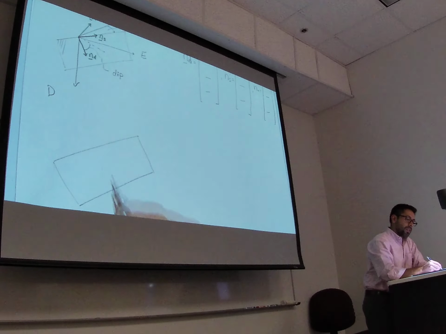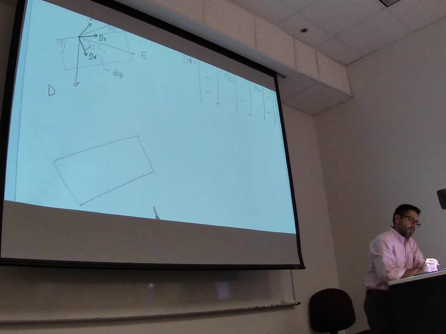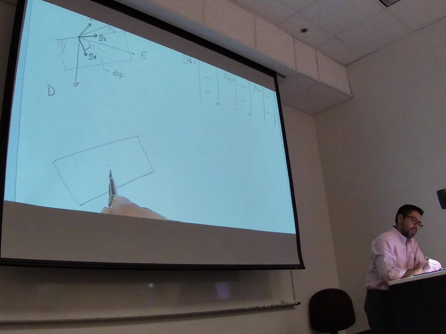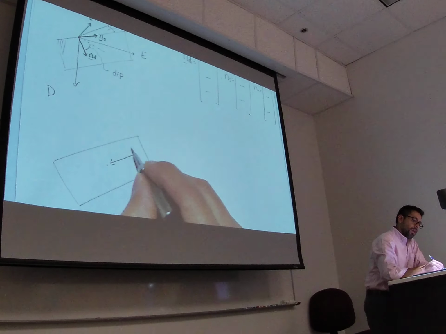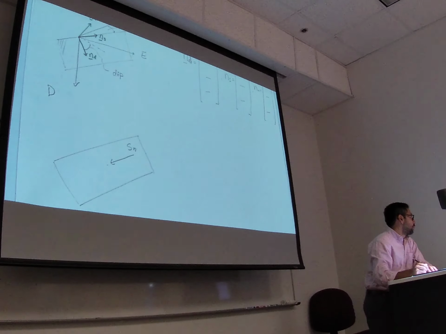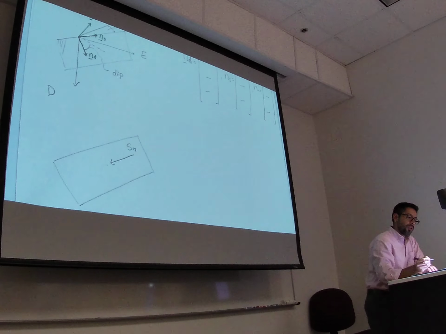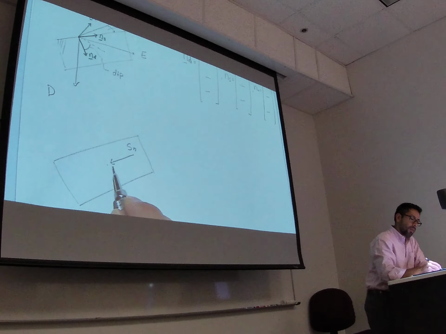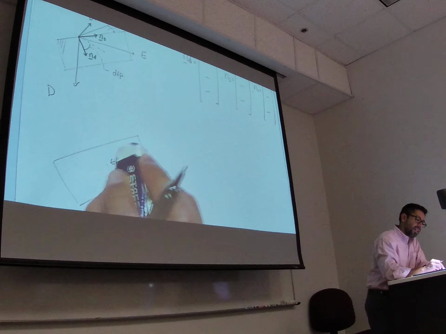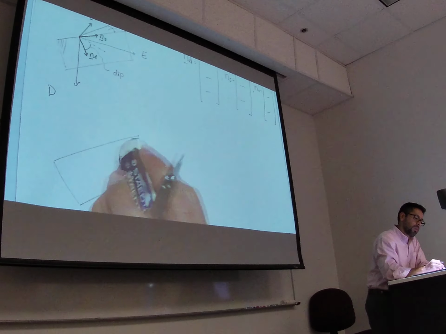Given a state of stress, we would like to compute what is the normal stress in direction normal to the plane, and what is the stress in direction of the strike? Let me change a little bit the direction of this so it looks more 3D.